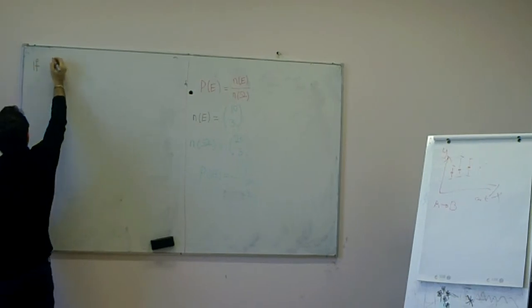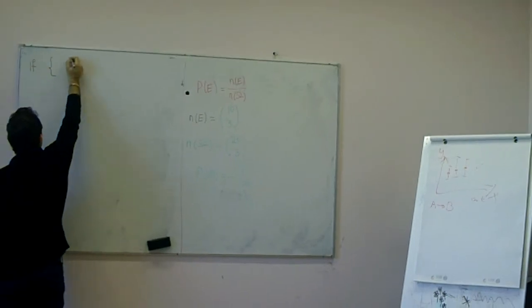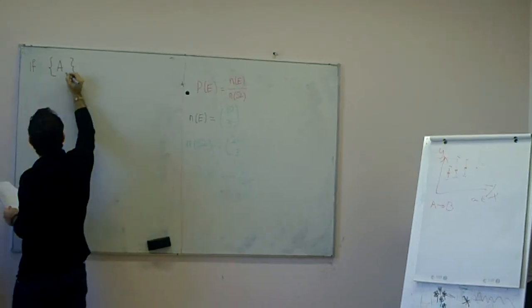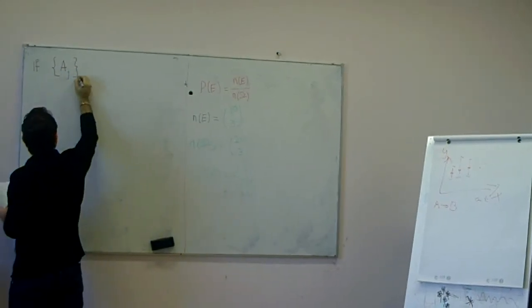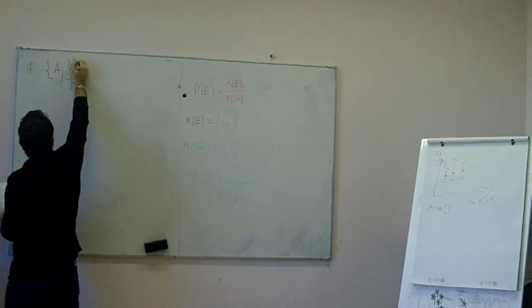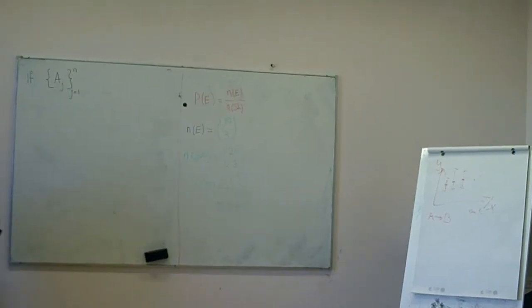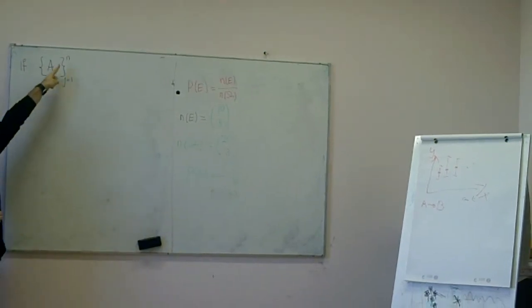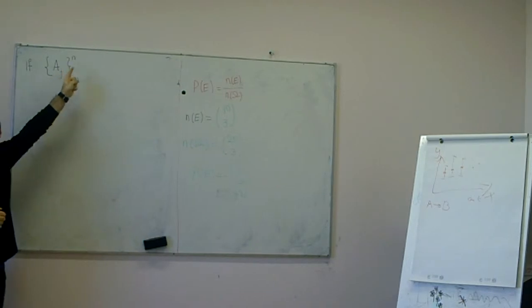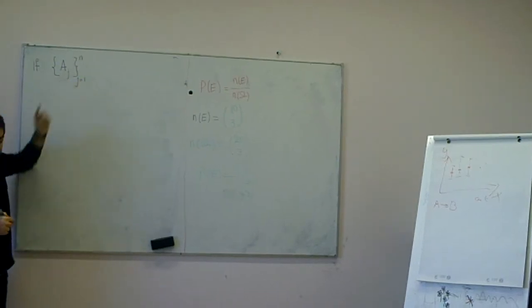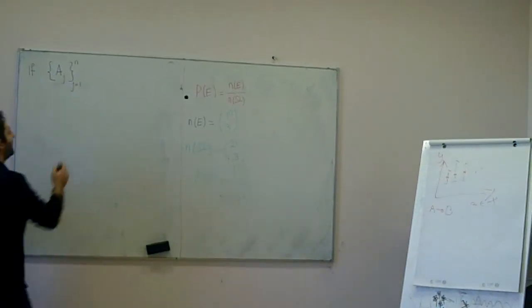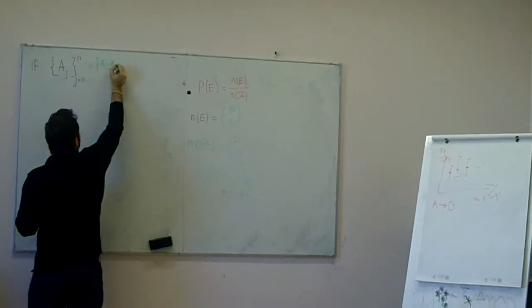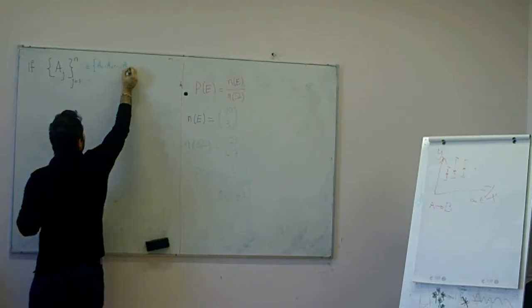Now we are seeing a new notation. This means that we have sets A1 till AN. We show it like this. So it is an equivalent of writing A1, A2, AN.